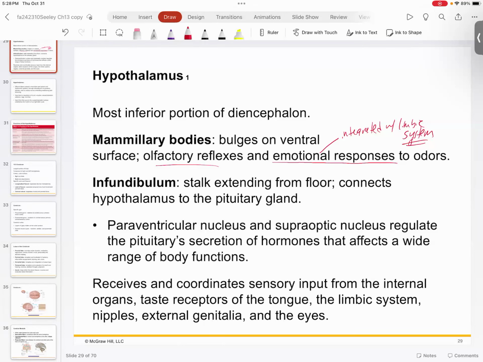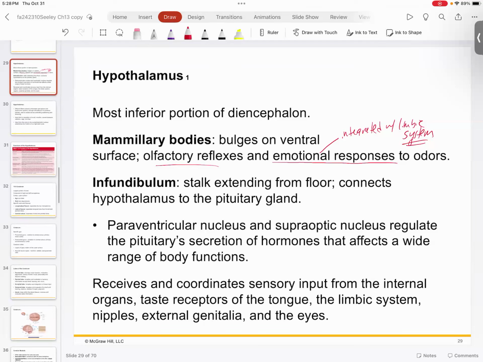A reflexive response to the odor can be, say, for instance, a general sort of perception of disgust. You know, maybe if something stinks and it's unpleasant, right? That would be an emotional response to an odor involving the mammillary bodies.